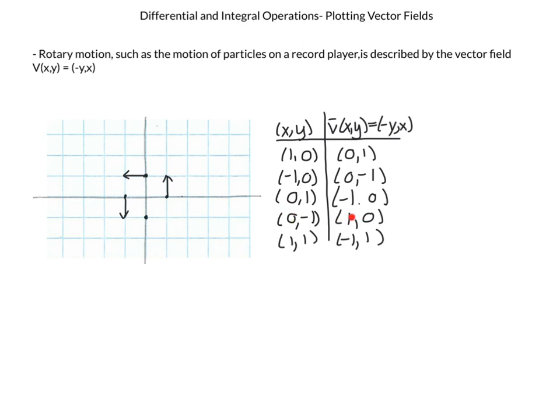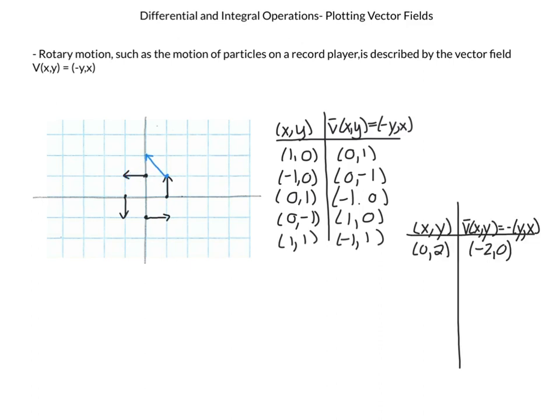I want a unit vector that points in the positive x direction. So it'll look like this. And then finally on this table at the point 1, 1, that's x equals 1, y equals 1, I need the vector -1, 1. So -1 in the x direction, +1 in the y direction. It's this blue vector here that I need to move over to the point 1, 1.